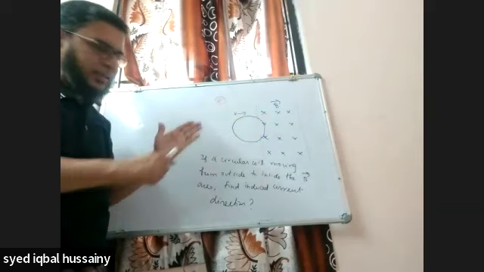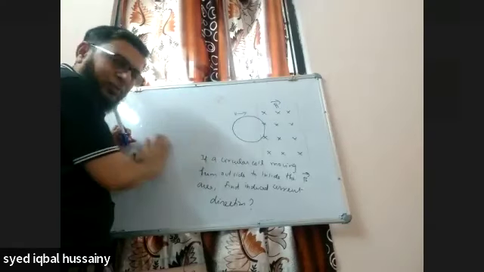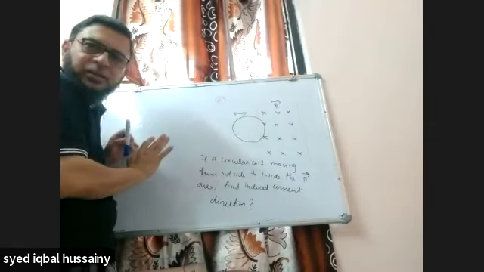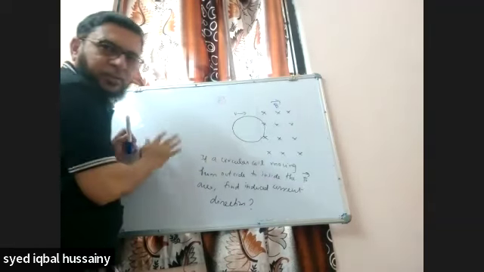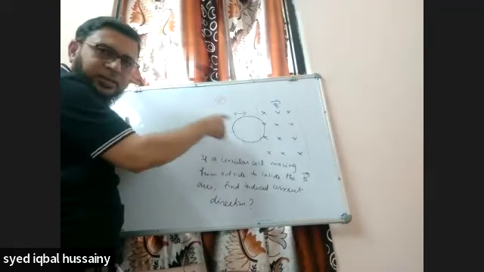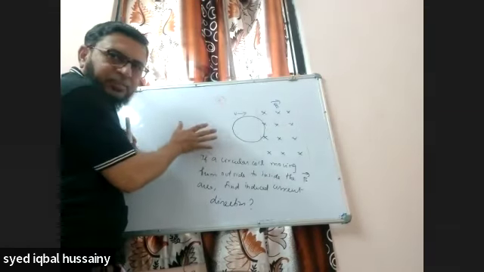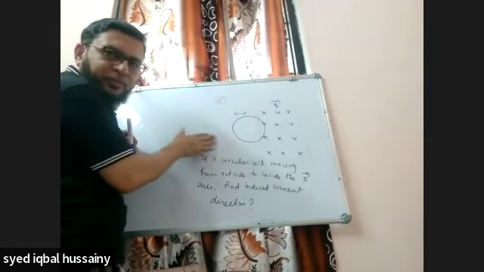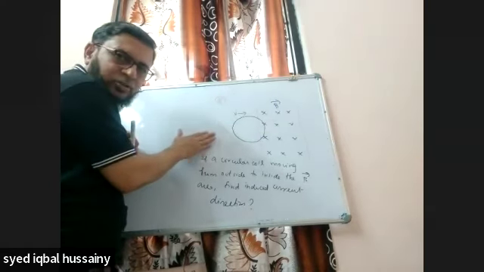Now a circular coil is there. I am bringing the circular coil into this area. Here the whiteboard is there, and here only magnetic field lines are there. Outside there is no field, here the field is there.